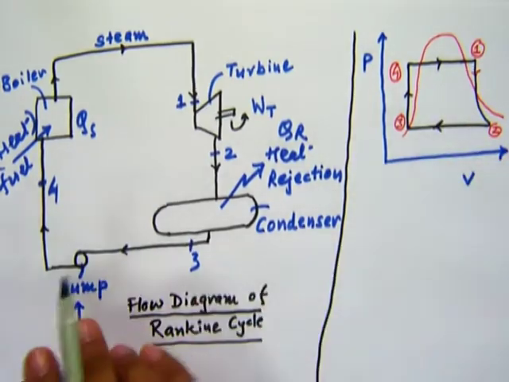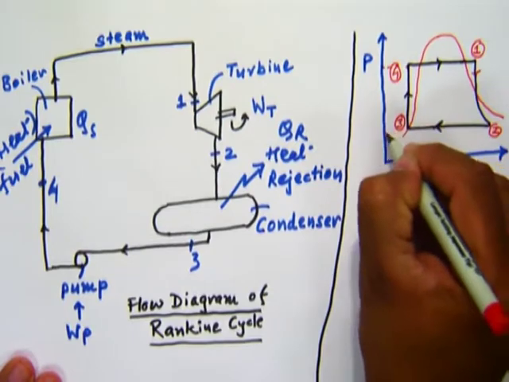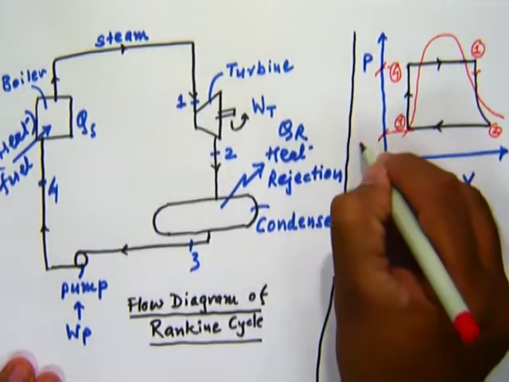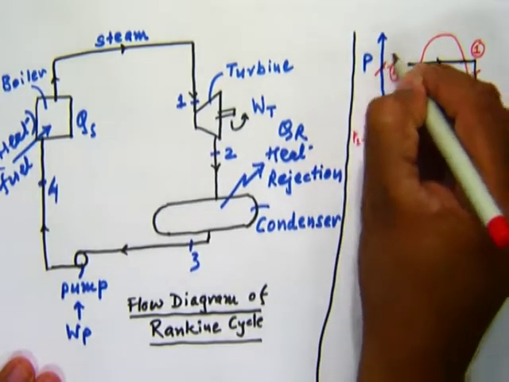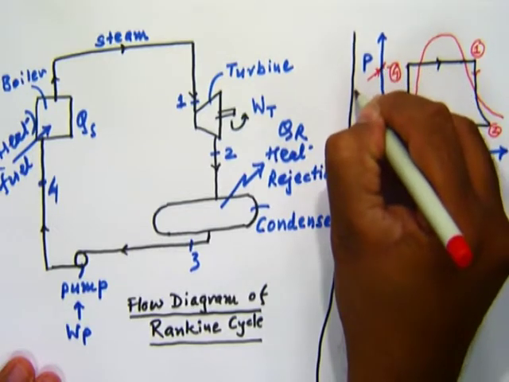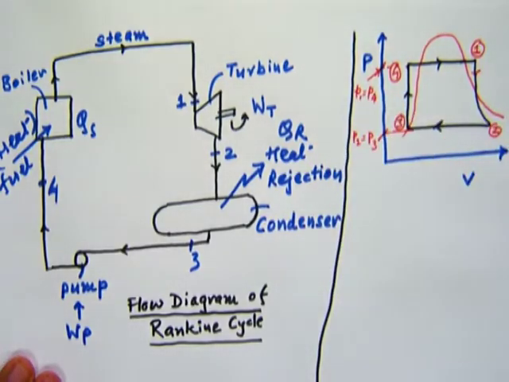So you have two pressure limits over here. P2 is equal to P3, and here P1 is equal to P4.